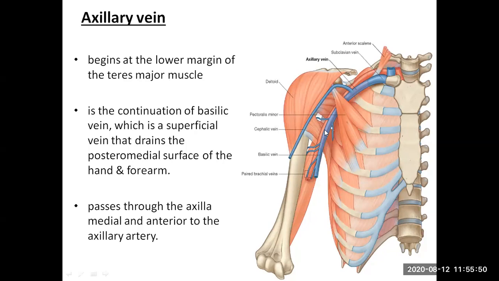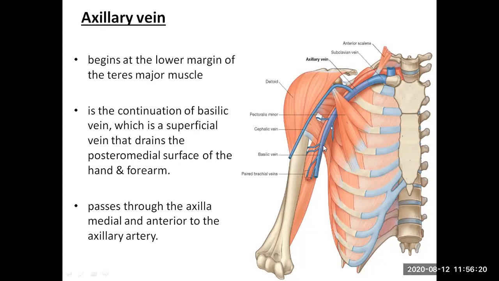So it ascends upward, and when it leaves the axilla, that is the outer margin of the first rib. This one is the first rib. This is the outer margin, and this is the inner margin. When it leaves the axilla, that is the subclavian vein. Okay, that is the subclavian vein.